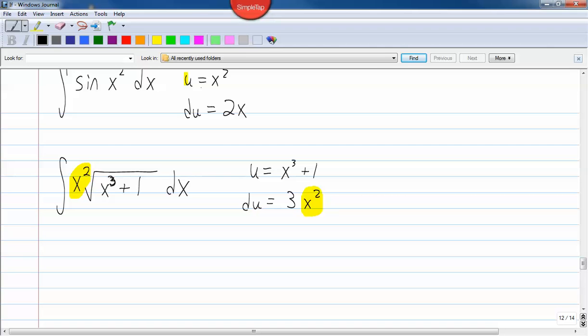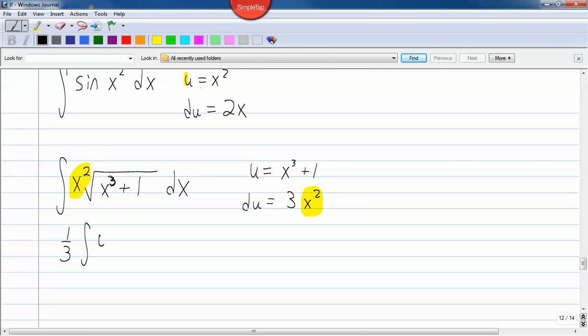Alright, the only thing we have to do is adjust for this 3. The way we do that is we bring the reciprocal out. Now I can rewrite the original integral. This is 1/3 times the integral of, now let's be careful, we let what was under the radical be our u.